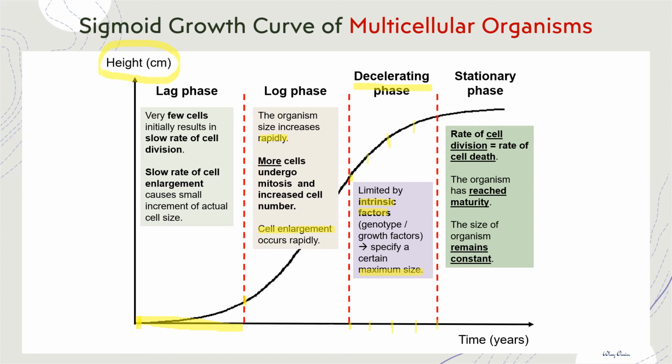Dengan itu, bila kita tengok fasa yang terakhir, kita kata dia adalah stationary phase sebab graf ini telah menunjukkan plateau, iaitu tiada perubahan lagi untuk ketinggian organism ini. Ini adalah disebabkan the rate of cell division is equal to the rate of cell death.